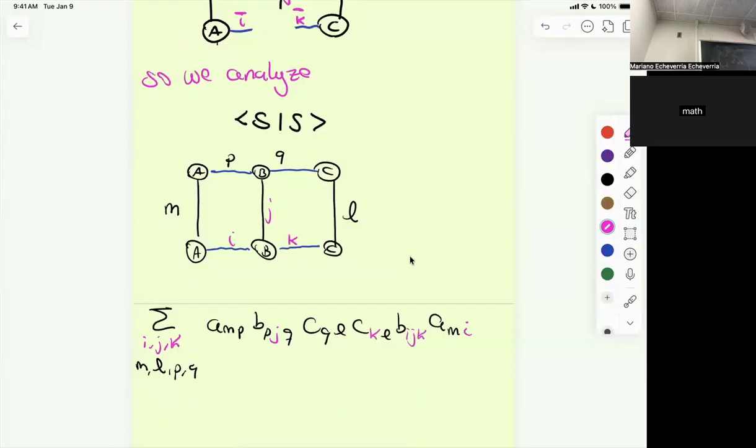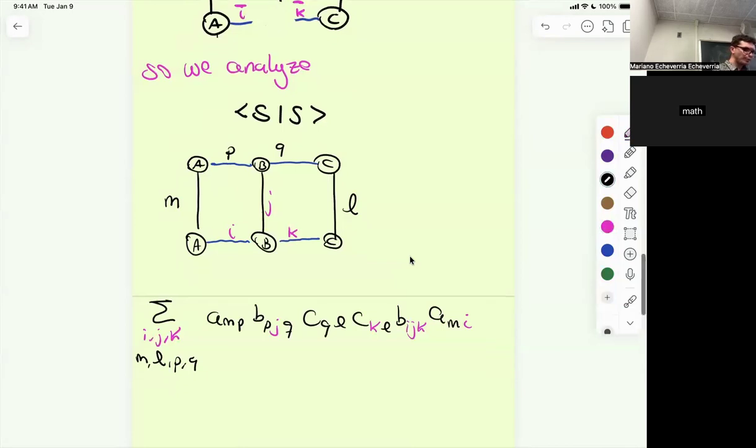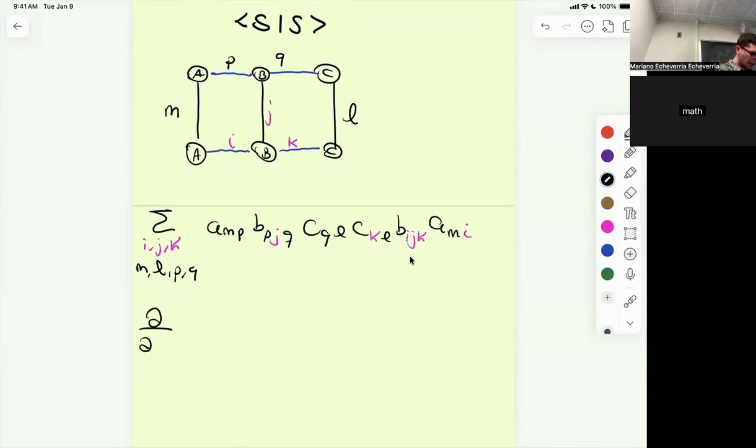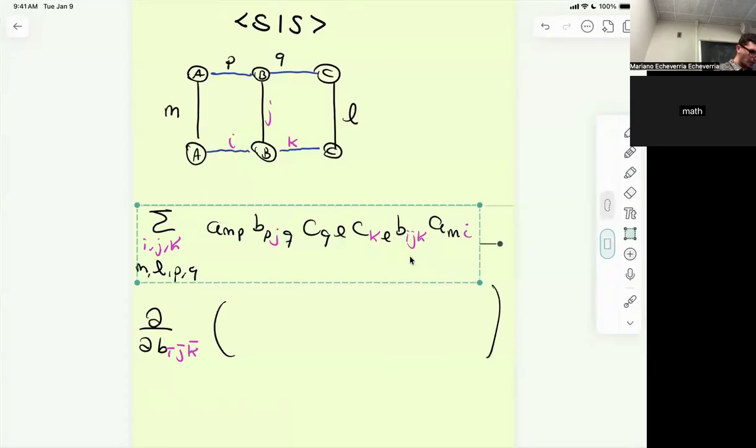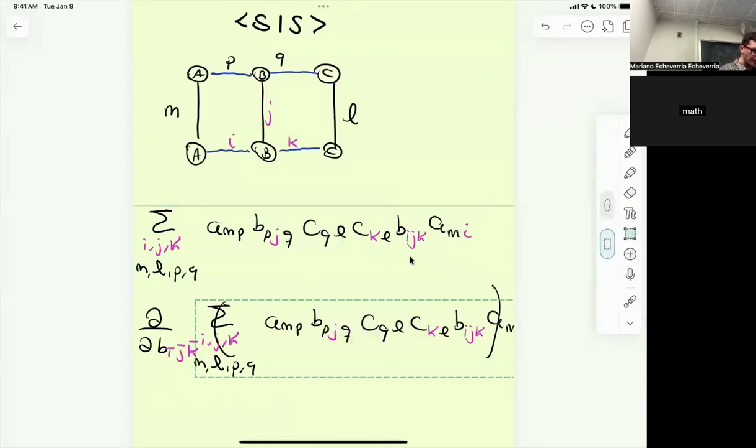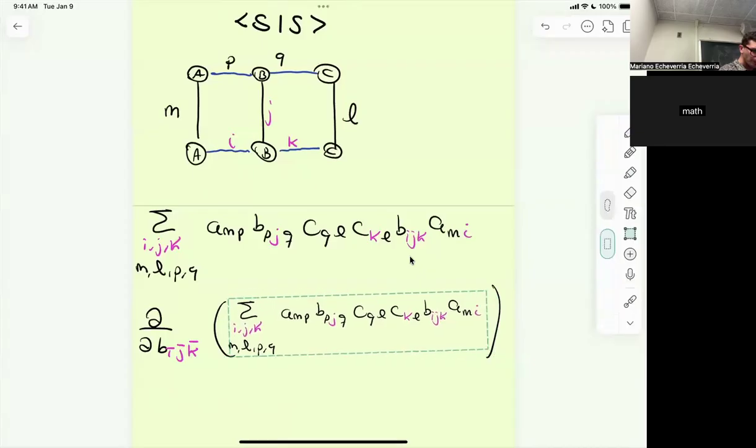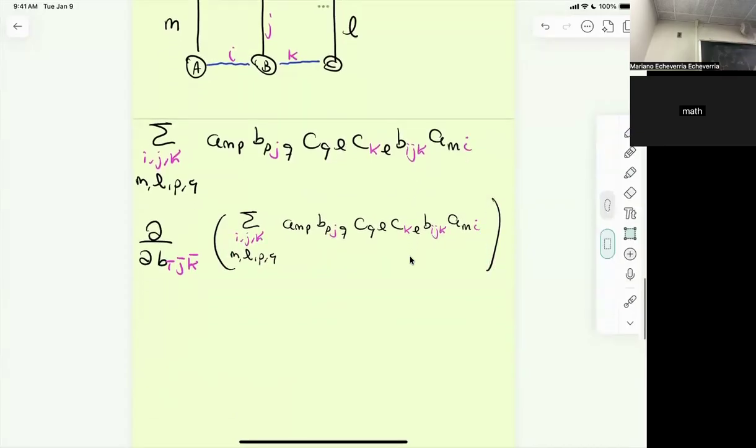So if you wanted to take the partial derivative with respect to B, I bar, J bar, K bar of this gigantic sum, it's a product rule, so it will be a sum of two things.